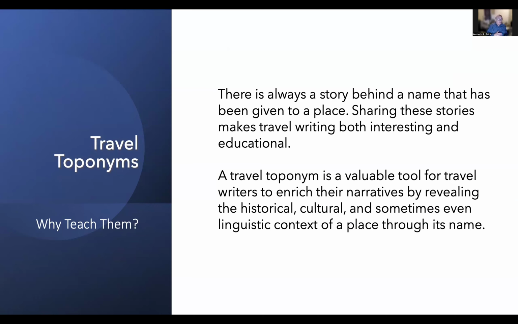I will be differentiating the contemporary types of travel writing from the traditional, where you have 1,500 California place names, their history, where they originated, all of those different types of things. That's the more traditional type of writing.